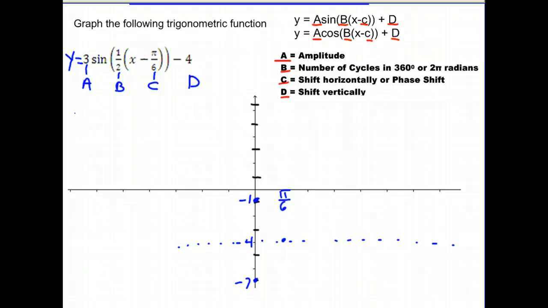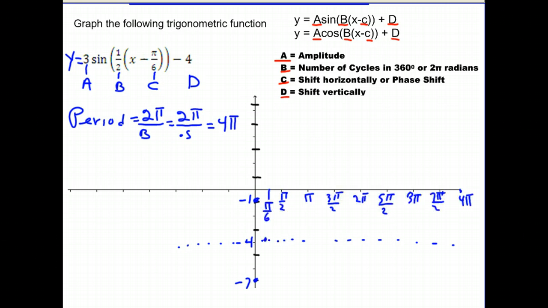Well, we know that the period is always equal to 2 pi radians, which is 1 full cycle, divided by b, which is 2 pi over 0.5, which is 4 pi.